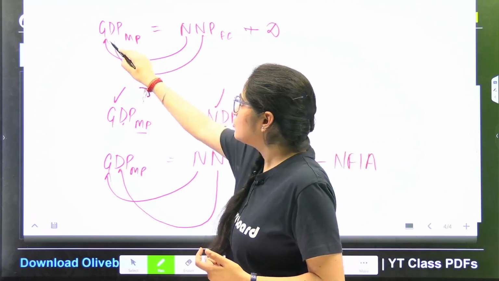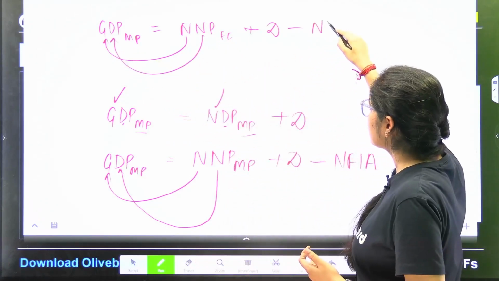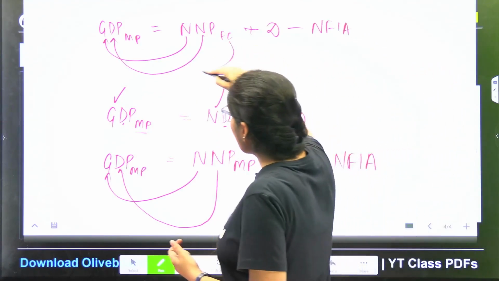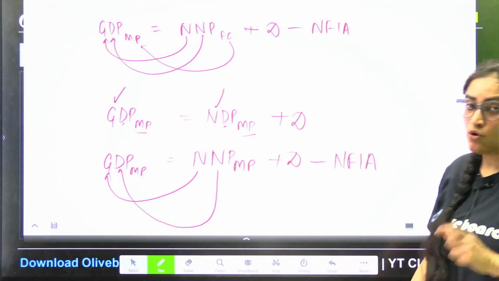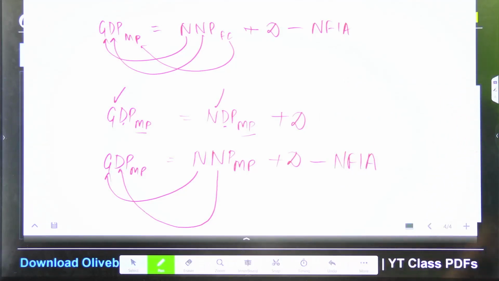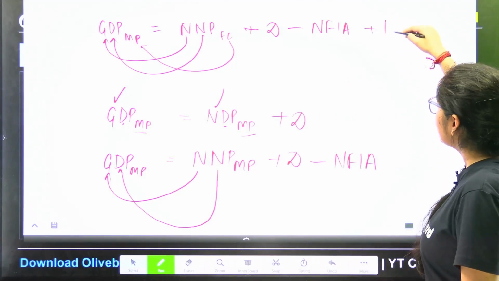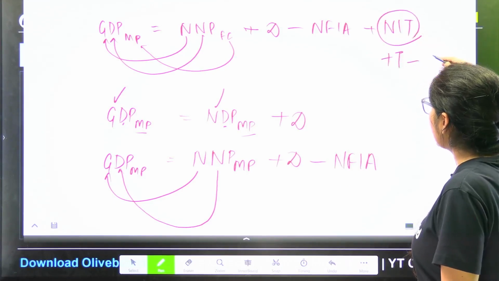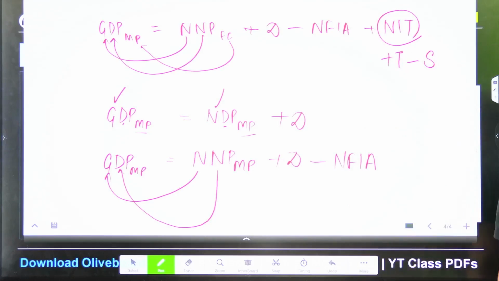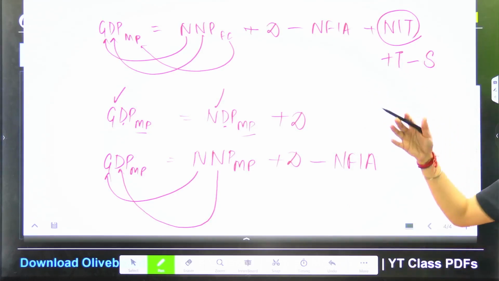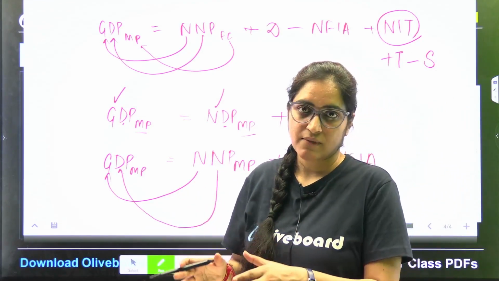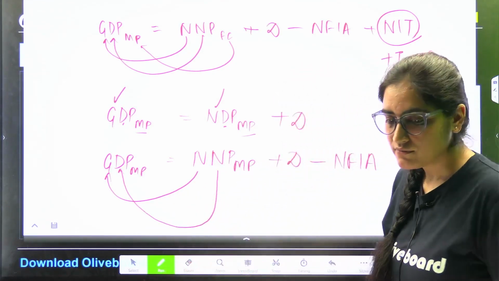From national to domestic, you are going to subtract net factor income from abroad. For factor cost to market price, I am going to add net indirect taxes, or I am going to add taxes and subtract subsidies. So this is how you can go from one aggregate to another. I hope that's clear to you all.